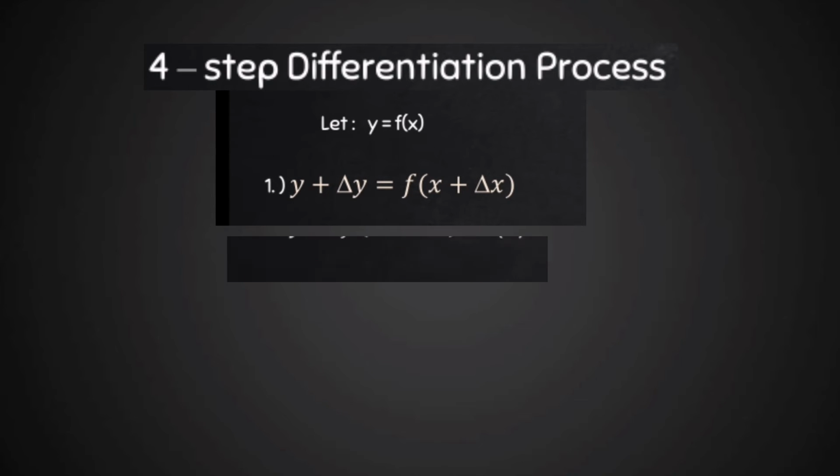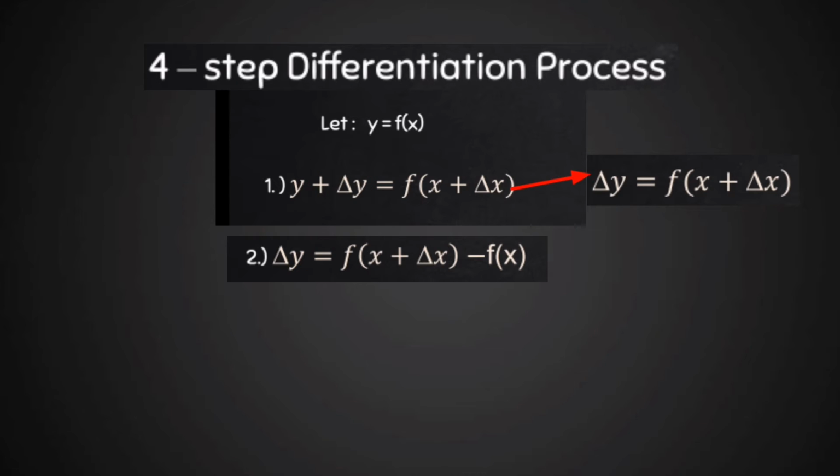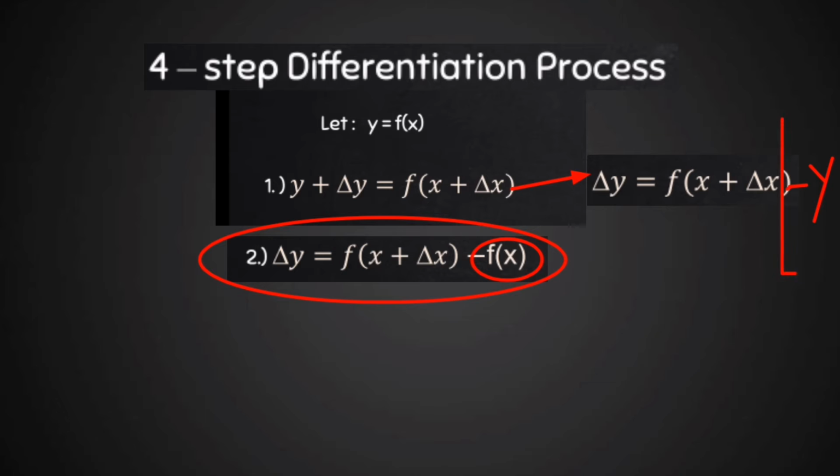And now for the second step, we will isolate delta y by subtracting y on both sides of the equation. And then we will have this expression: delta y is equal to f of x plus delta x minus y. Then how did it become f of x in this final expression instead of y?